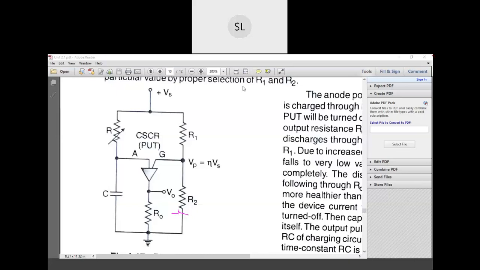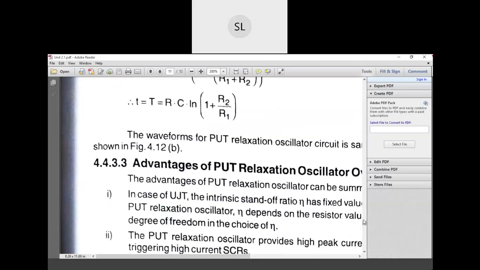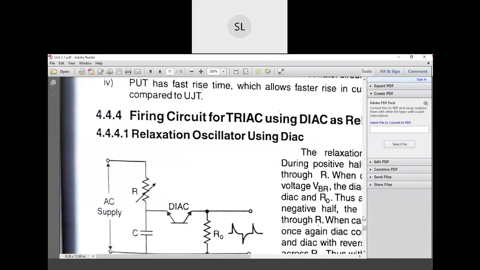Okay. So one more device we can make use of is the diac and triac. So here the relaxation oscillator using a diac has been shown.